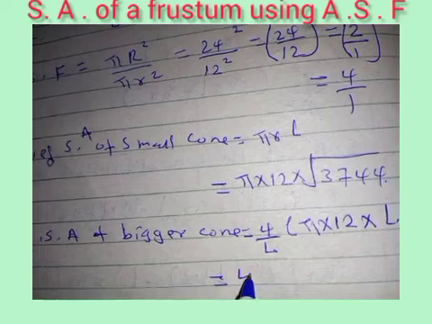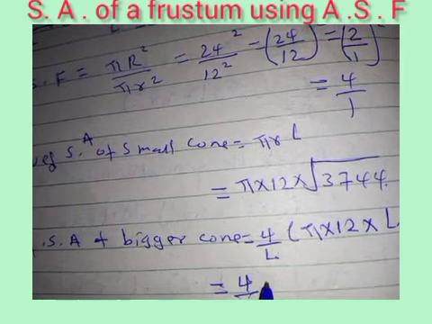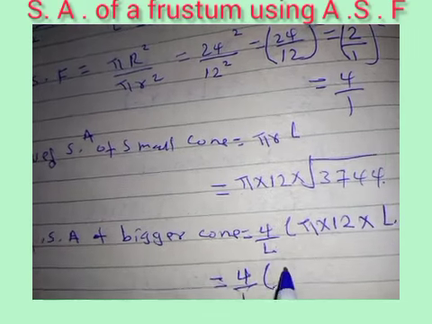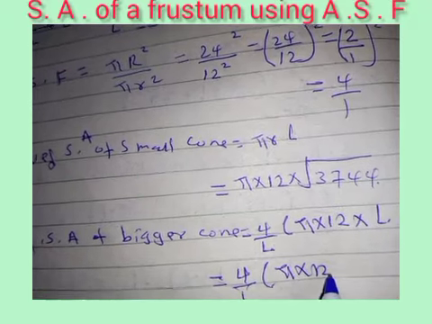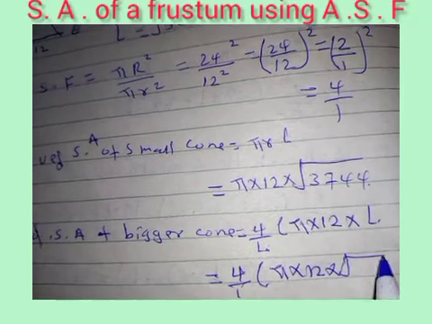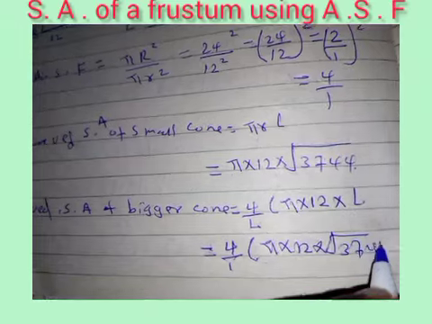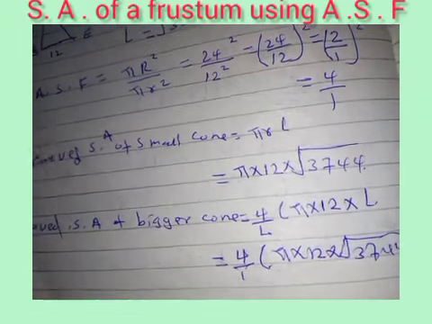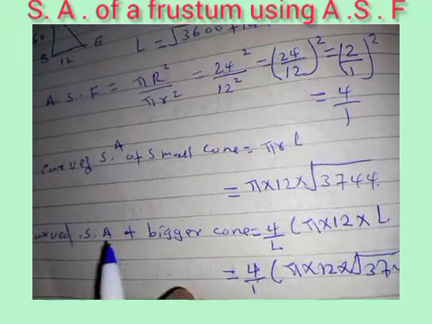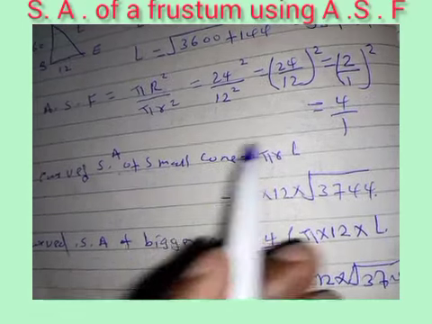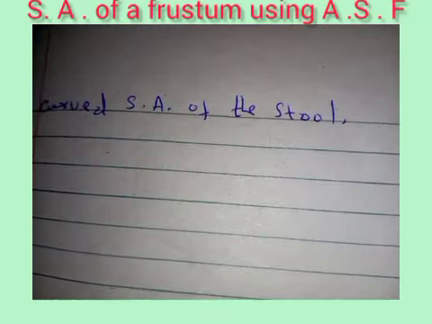So this is 4 over 1 into bracket pi times 12 multiplied by square root of 37,400. So that is the surface area of the bigger cone. You multiply by area scale factor, which is 4 over 1.